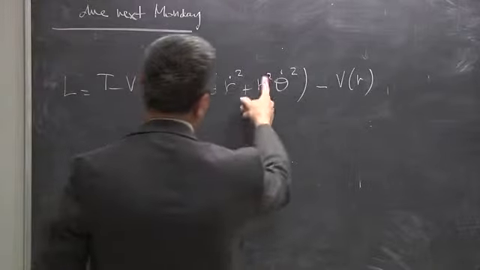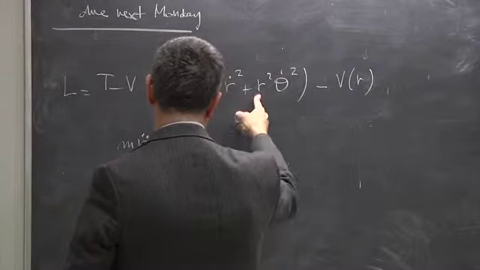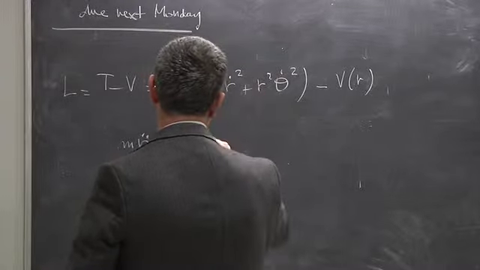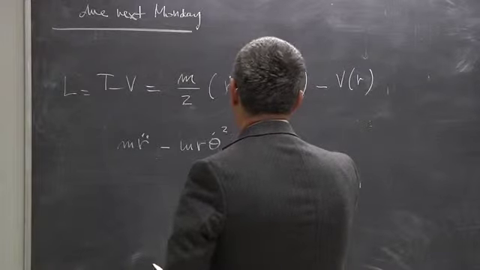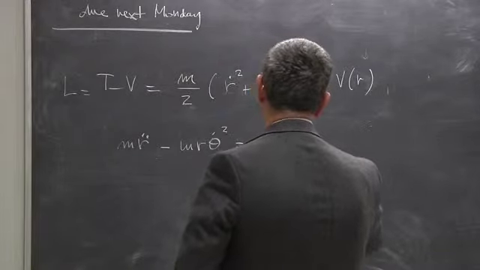So I have to take a partial derivative. So this is minus m, right? The 2 kills the 2, theta dot square, okay? And this is minus dV/dr, because remember, the Lagrangian is not only the kinetic energy, it's also the potential.